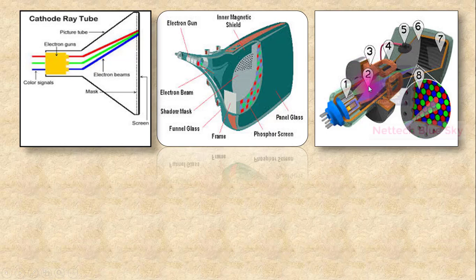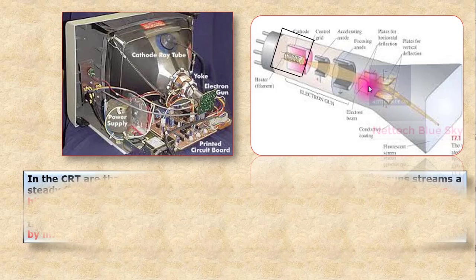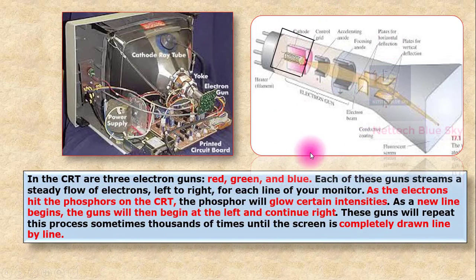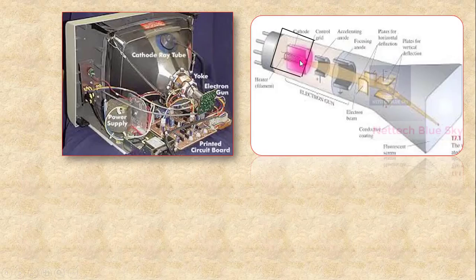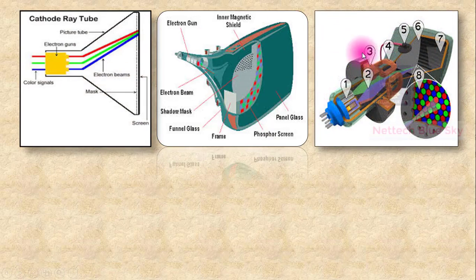This is your electronic part of the system here. You can see the accelerating mode. The accelerator mode is a system here: one is up and down, and second is left to right. Fifth is showing a seal, the inner magnetic seal.